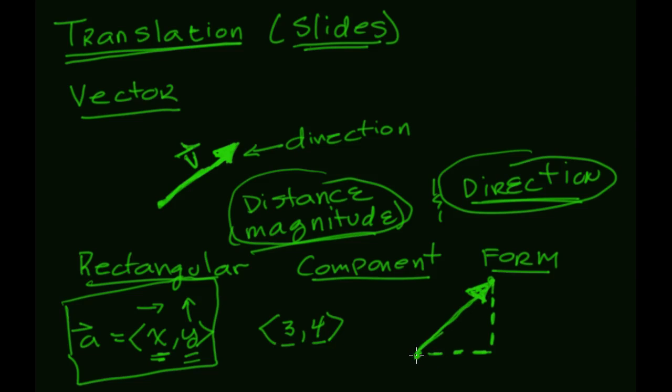I clearly know the length or distance that I've traveled, and I know the direction that I've traveled in. So if this is the vector b in rectangular component form, in a drawing, it would look like that. Okay, so all of this has something to do with translations. So once I have the vector, I can describe a translation.